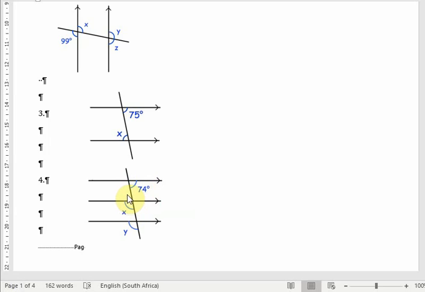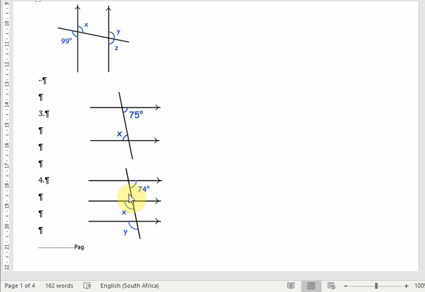is also 74. Now you can see that those two angles, that one that's 74 and this x, are two angles on a straight line. And two angles on a straight line together add up to 180 degrees.